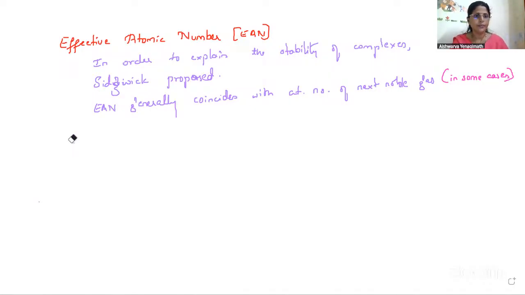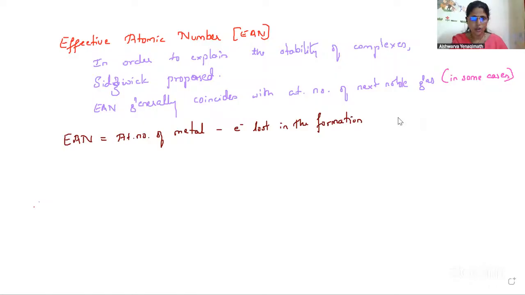So I'll write here, effective atomic number is equal to atomic number of metal minus electrons lost in the formation plus number of electrons gained from donor atom of ligands.